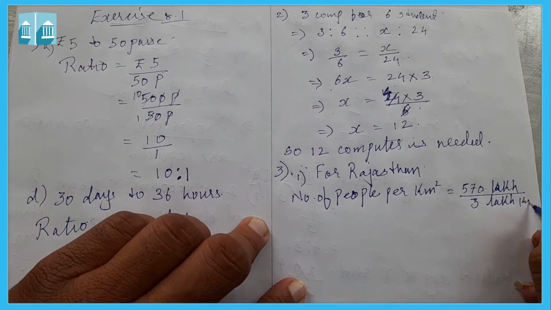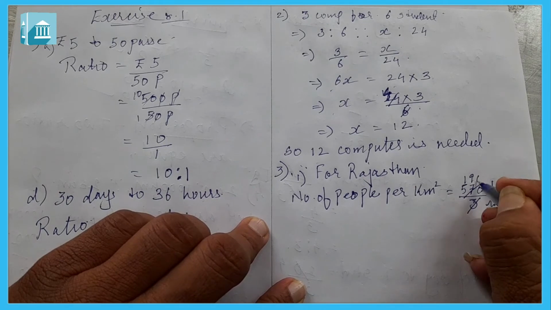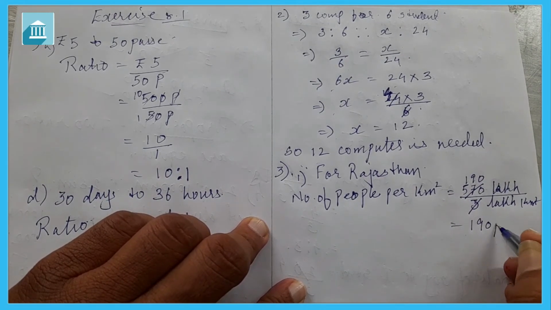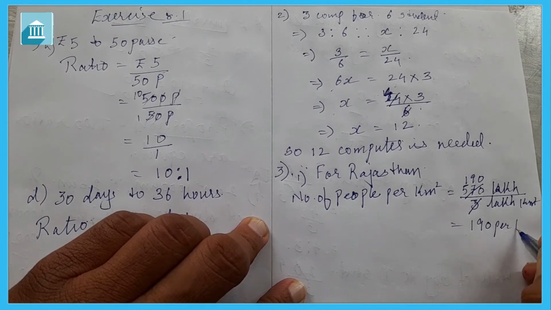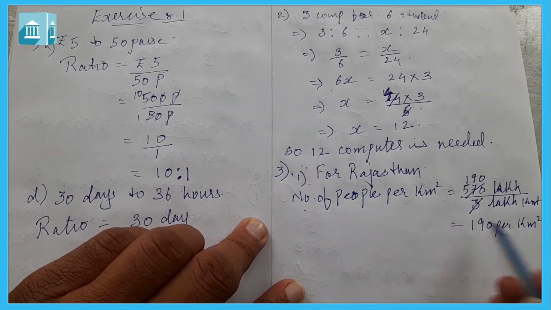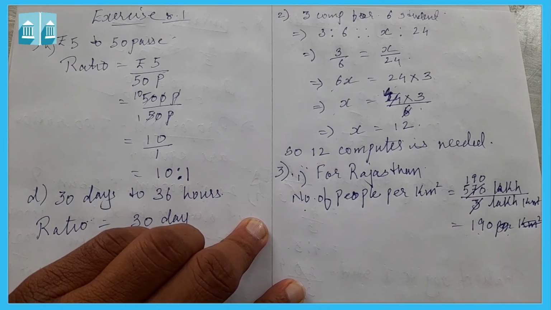When we cancel it, it becomes 190. So we can say it is 190 per kilometer square. So the number of people per kilometer square is 190.